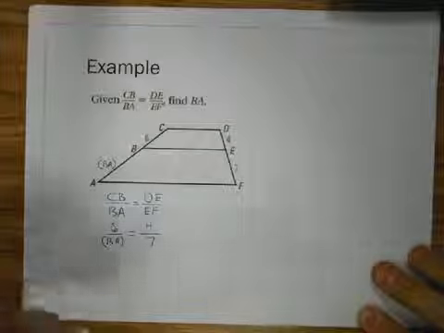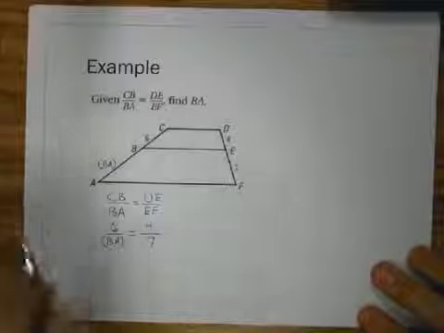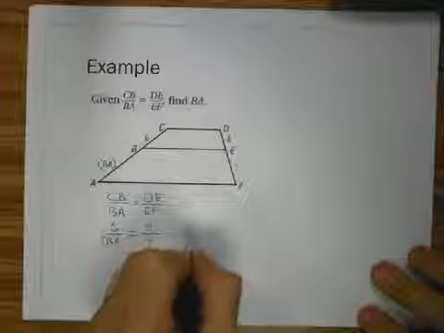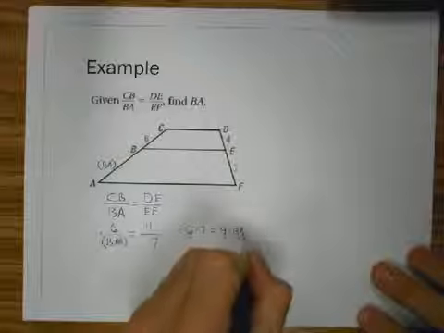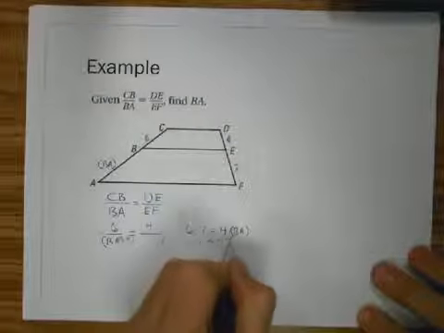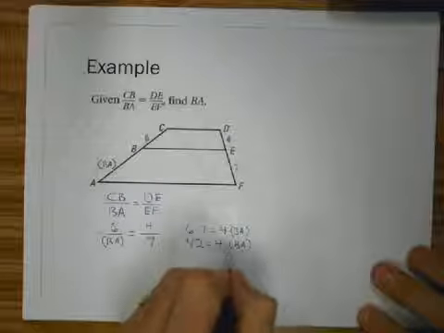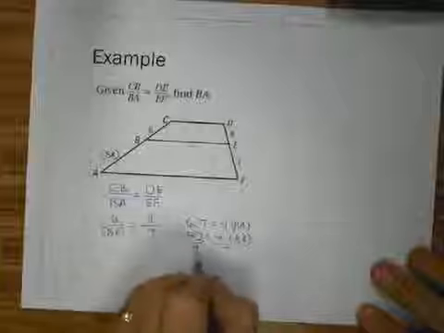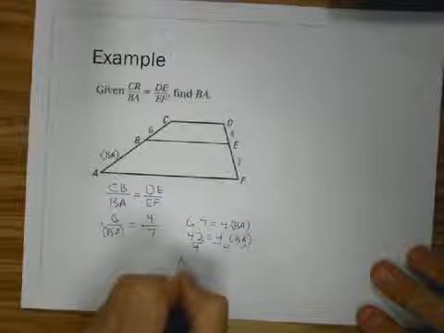CB is 6, DE is 4, EF is 7, and I'm looking for BA. Well, just by setting it up, plugging things in, I've made it into a basic proportion we can do cross product with. So I would get 6 times 7 equals 4 times BA. Gives me 42 equals 4 times BA.